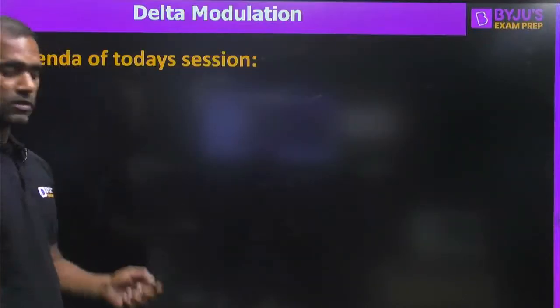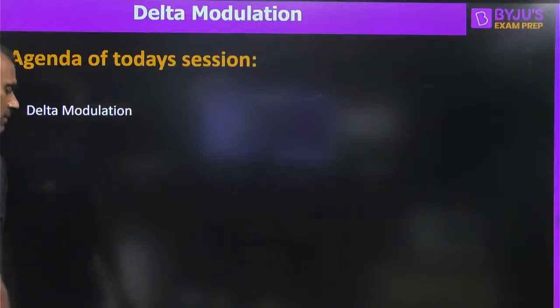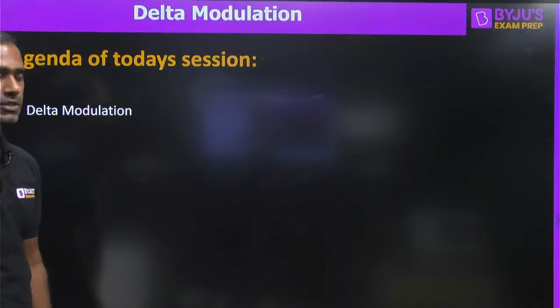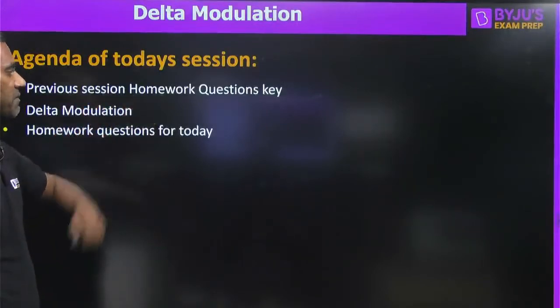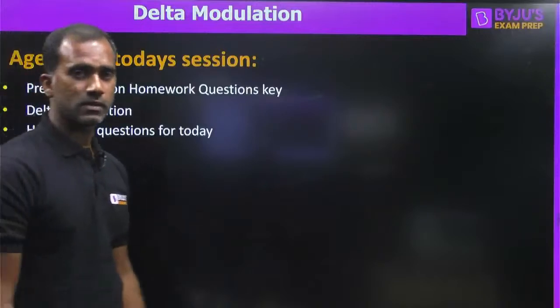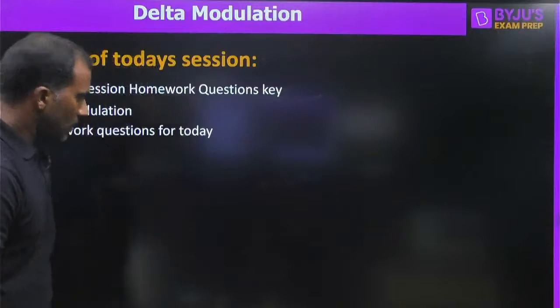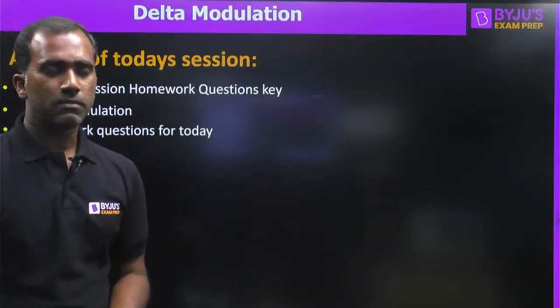So what is the agenda of today's session? The most important discussion in today's session is delta modulation. Before that, I'll talk about the answer to the previous session's homework question. I gave only one question as homework, because numericals are very unlikely in DPCM.